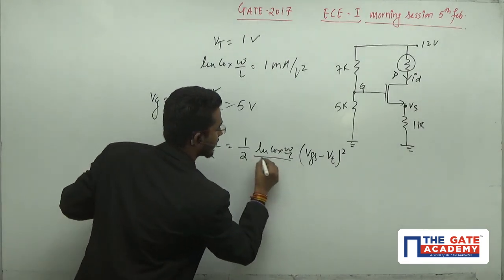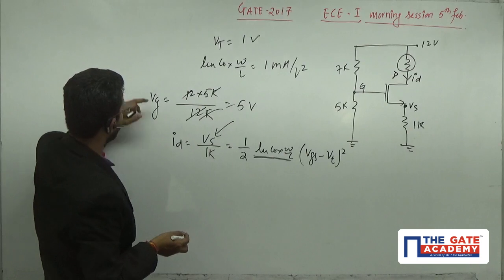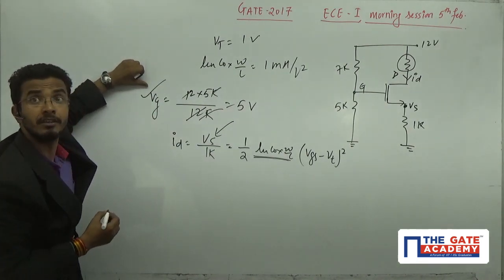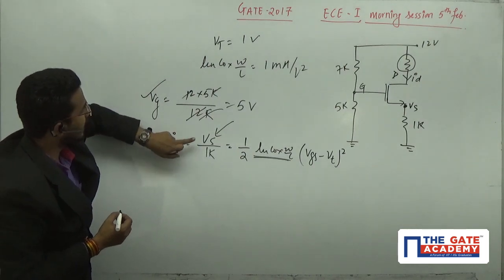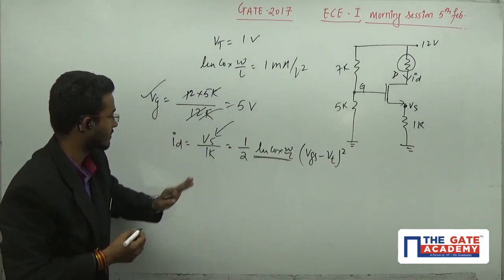Now this data they have provided, and we can arrange this, because we don't know the value of V_S, but we know the value of V_G. That means we have to rearrange V_S as a function of known variables, such as V_GS.